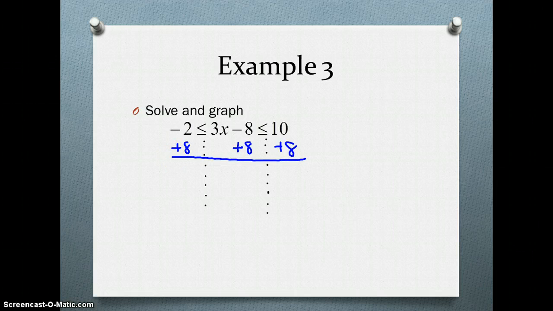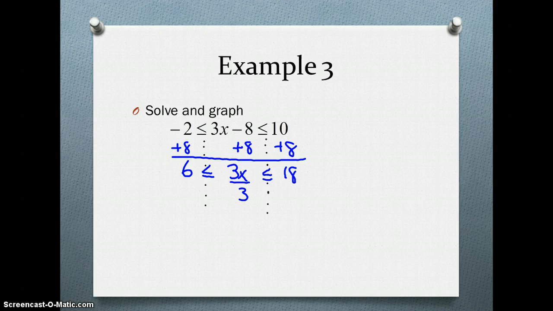Okay? -2 plus 8 is 6, less than or equal to 3x, less than or equal to 18. Now, if we think about it as just 3x is less than or equal to 18, or 3x is greater than or equal to 6, we would divide both sides by 3.